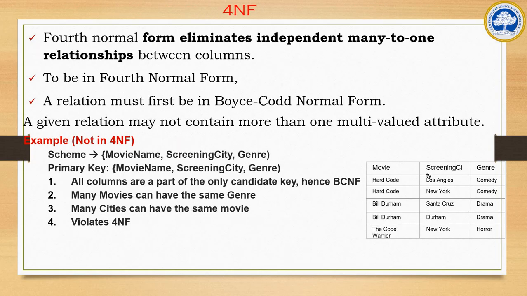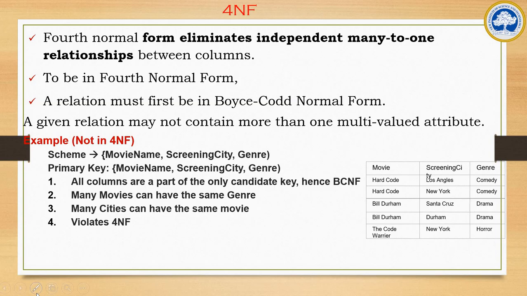So the next one, fourth normalization. Fourth normal form eliminates the independent many-to-one relationships between the columns. To satisfy the fourth normal form, the table must satisfy the BCNF characteristics, and it must not contain more than one multi-valued attribute.